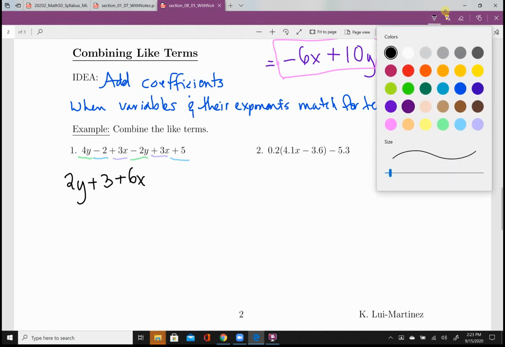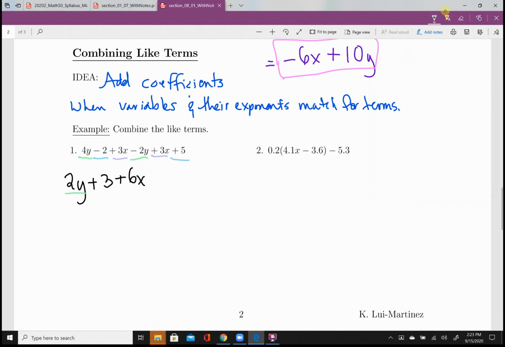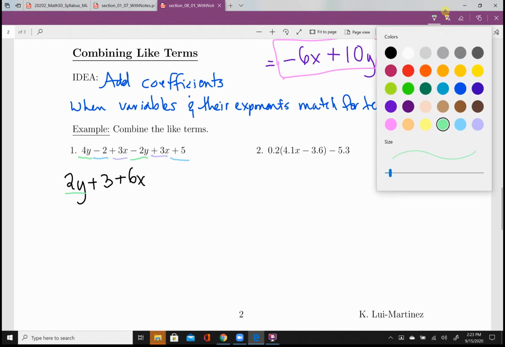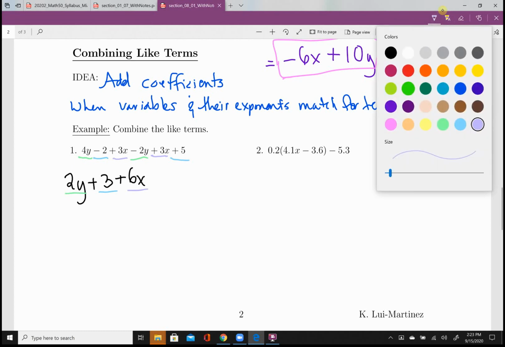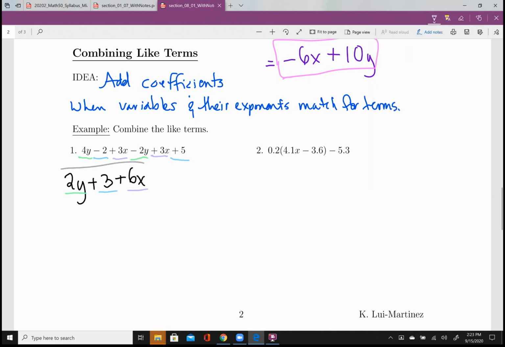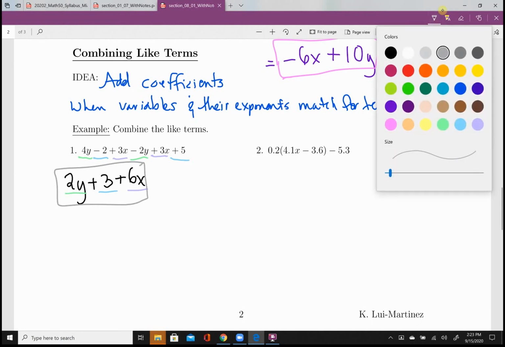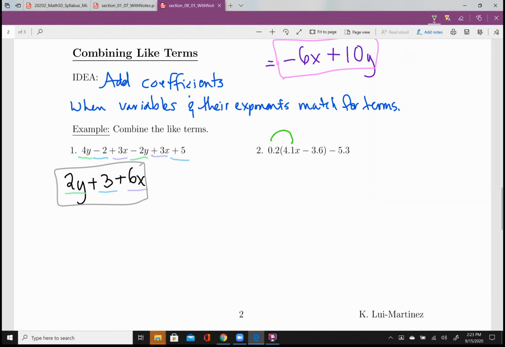So again, if we wanted to color code them, here's the y's, here's the constants, here's the x's, just to put them back into their color coded glory right there. But it's not necessary at all that you use color coding. I just think it's probably a little bit useful in this first couple of endeavors.